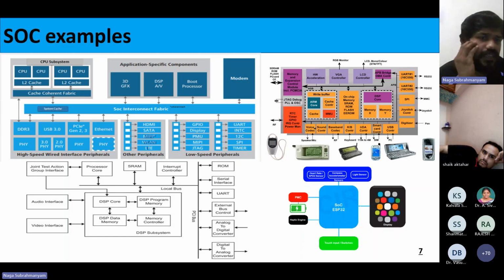Previously the SOC was very, very small. Nowadays they are introducing so many subsystems into the chip, and they are making things so complicated that it is very difficult to verify that particular SOC.